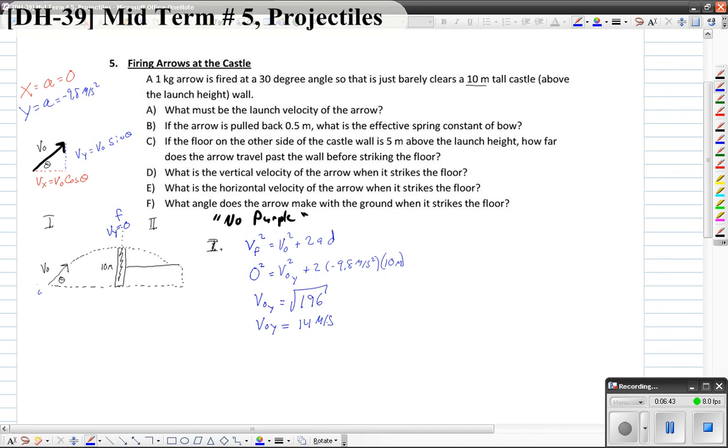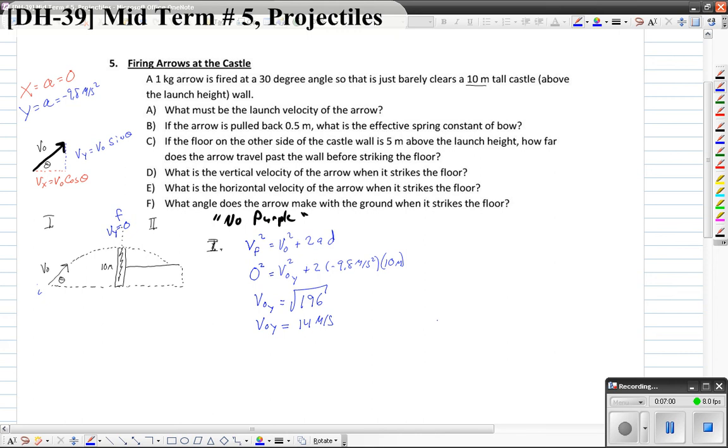So what do we do with that now that we know the y component of velocity? Well, there's a couple things I'm going to use that for. One of them is to get the time up. We know the final velocity is 0 in the y direction, and we now know the initial velocity is 14.